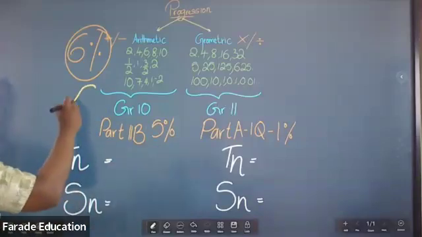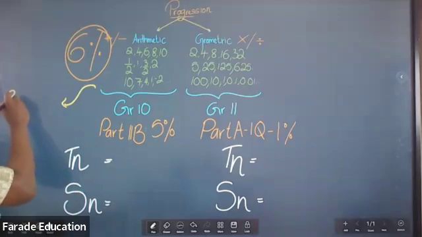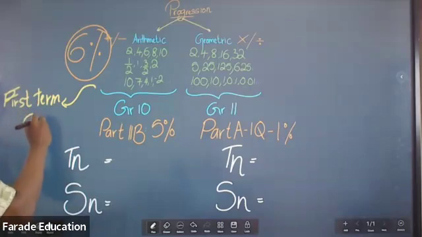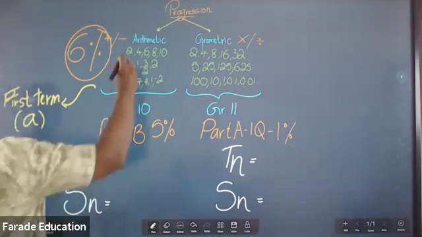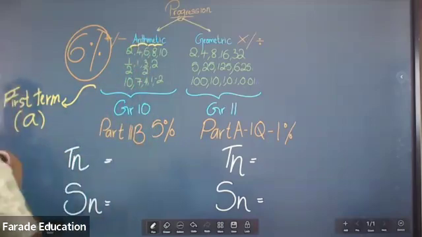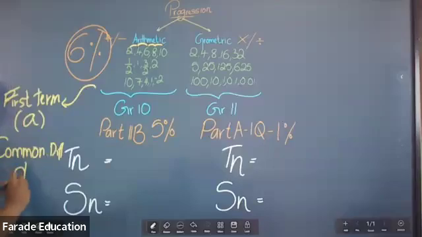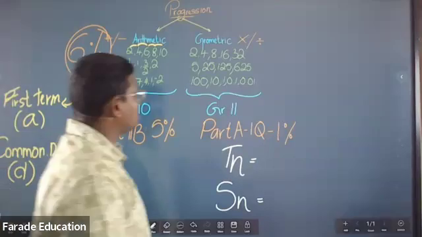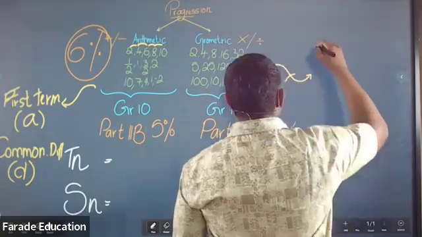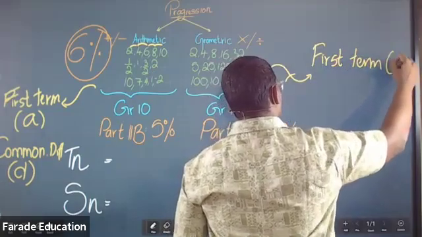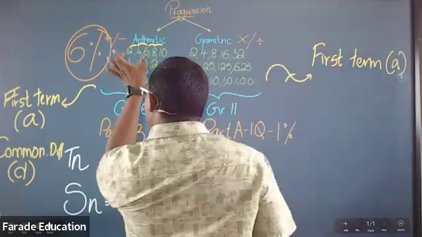The first term of arithmetic progression is denoted as A. And the difference between the consecutive terms is known as the common difference, and that is denoted simply as D. Here, the first term is still notated as A. This is a difference.